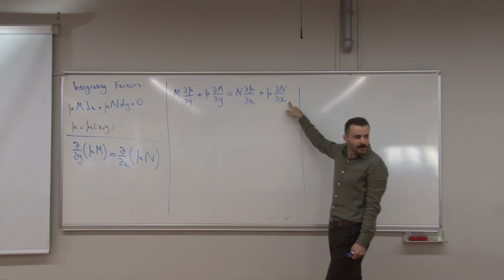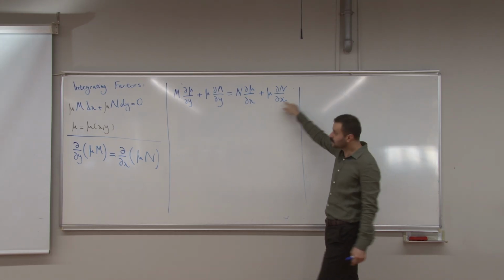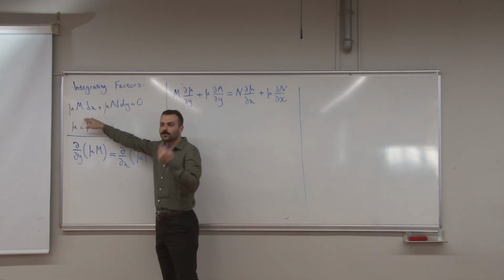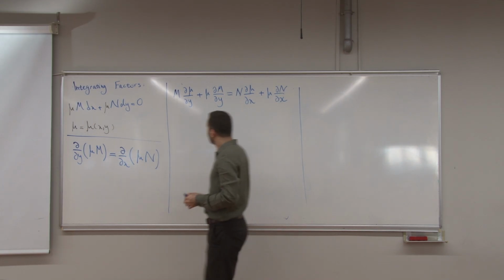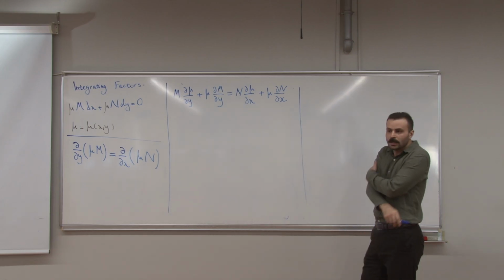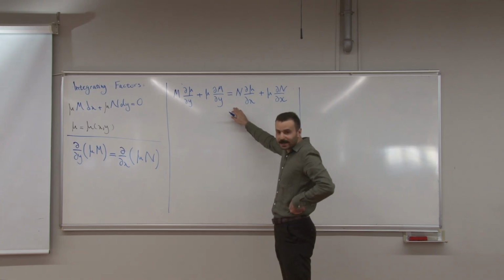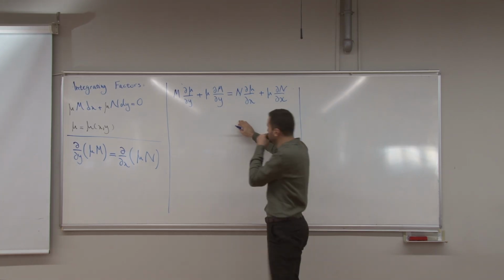So the condition for exactness was true if it was an exact equation for mu equal to 1. Anyhow, we are trying to make this into an exact equation, so this equality must be satisfied. Okay?